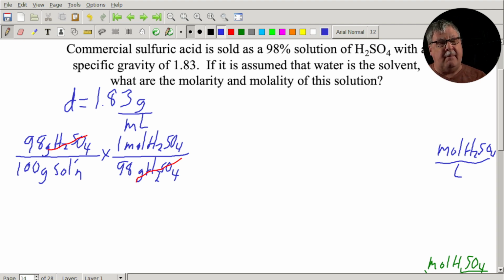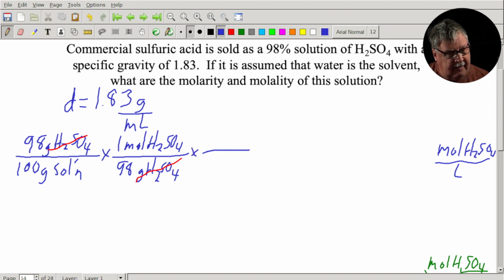The next thing we have to think about is, well, we've changed grams of solute to moles of solute. That's good, okay? That's what we want. How do we change grams of solution to liters of solution? And that's where the density comes in.